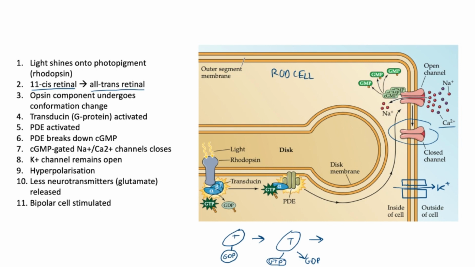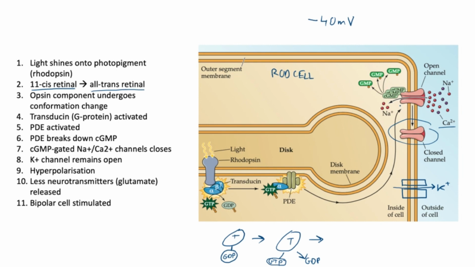They do not close or open, so the potassium ions keep moving out of the cell. In normal conditions, the cGMP-gated sodium-calcium channels are open as well as the potassium channels. When they are open, the cell has a membrane potential of negative 40 millivolts.